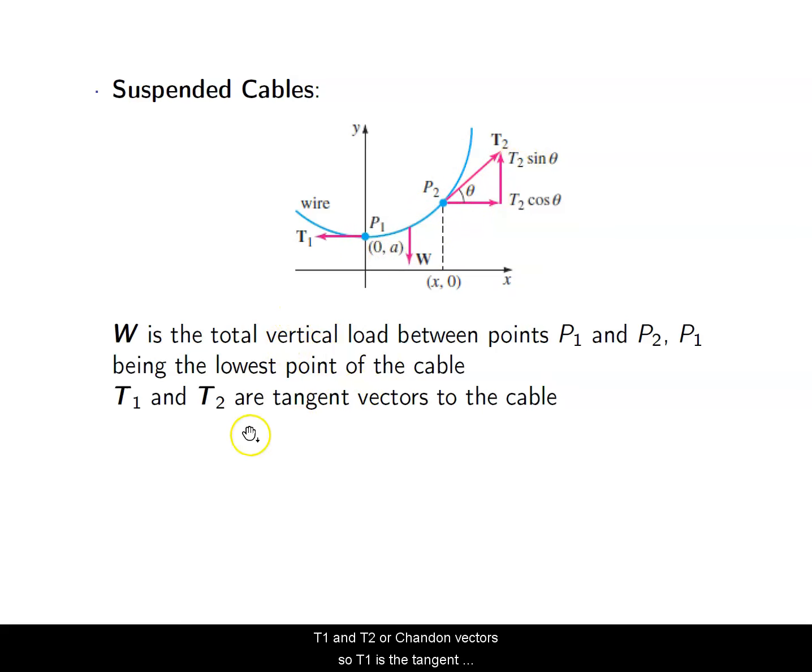T1 and T2 are tangent vectors. So T1 is the tangent vector at P1. Now I drew it in this direction. We could draw it in that direction too, really. And then T2 is also tangent, but at this point P2. The magnitude of T1 is going to be the magnitude of T2 times cosine theta, right?